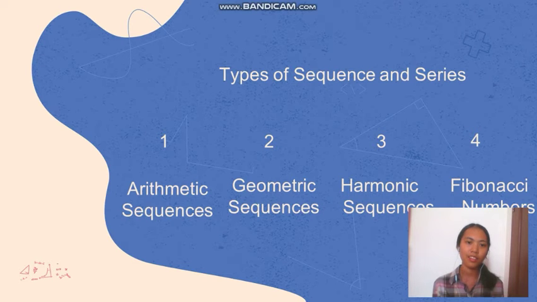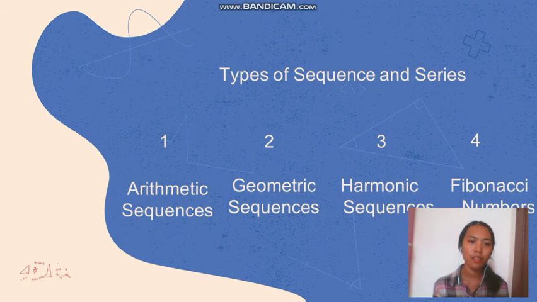A sequence in which every term is obtained by multiplying or dividing a definite number with the preceding number is known as a geometric sequence. Third is harmonic sequences. A series of numbers is said to be in harmonic sequence if the reciprocals of all the elements of the sequence form an arithmetic sequence.